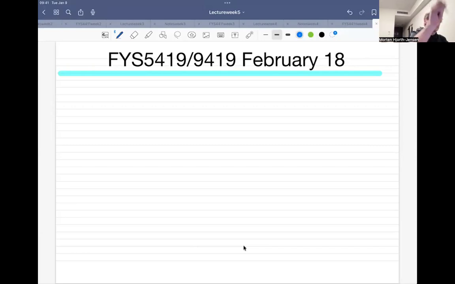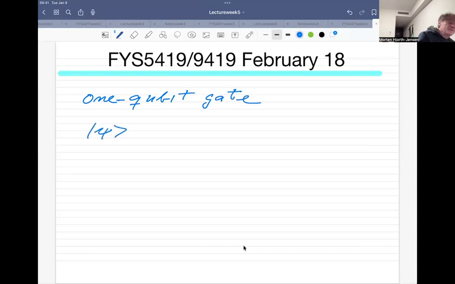So last week, one of the cases which we looked at, if we had a 1 qubit gate, we could have some initial state, which we label by psi, and then this could evolve to a psi prime state. And we would, in a generic way, write this in terms of G, which could be some gate operation, and this is a unitary operation. So G acting on psi gives us the new state psi prime.